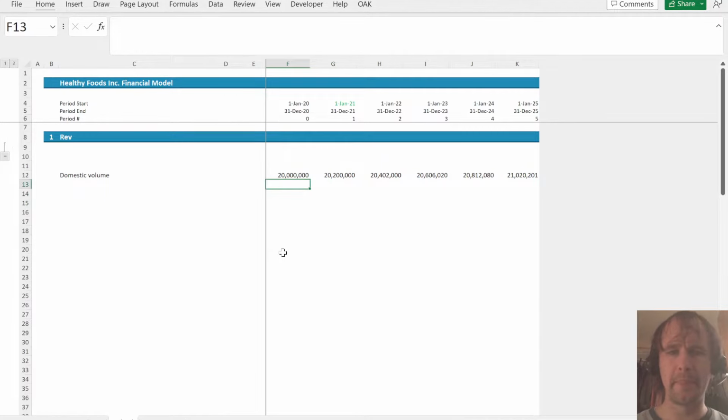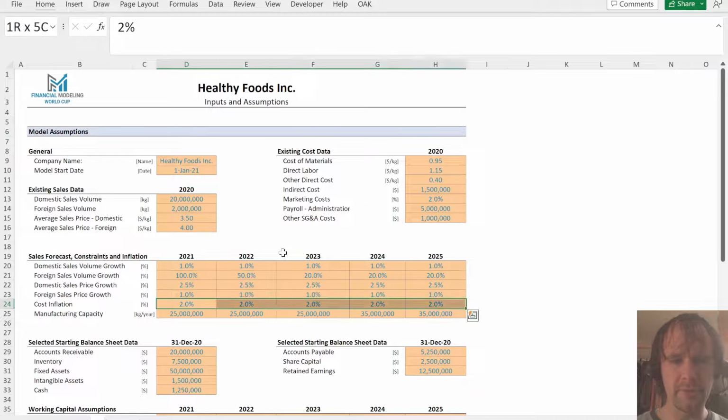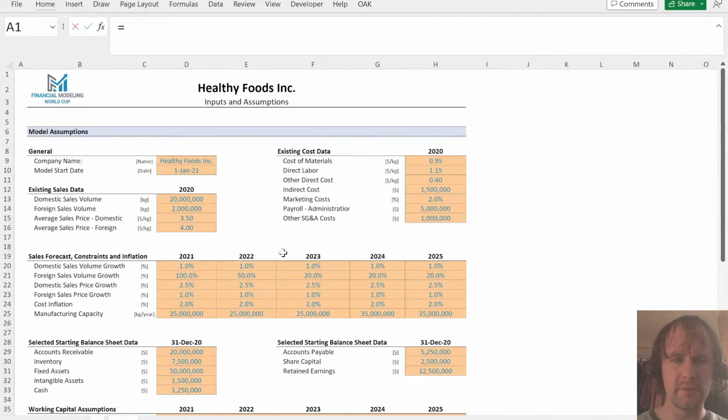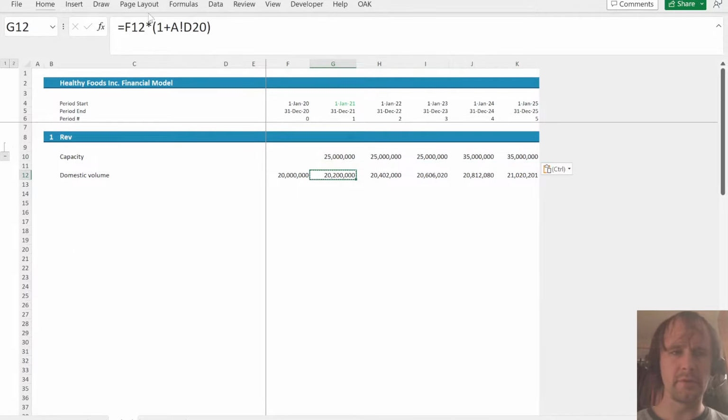And so where's my capacity? Here we are. Okay, capacity. So then this is going to be the smaller of this and that.